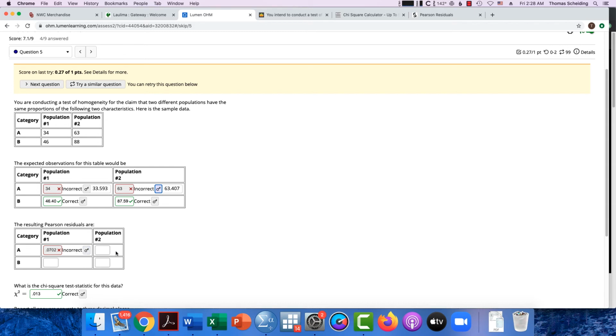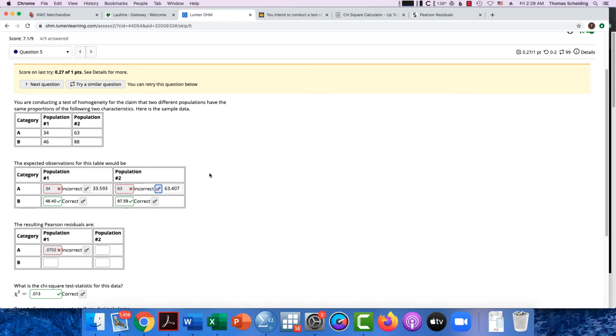I will give you credit for it. The Pearson residuals are pretty complicated. They're going to take you a while to calculate, and there's no calculators really online for you to calculate this. So you would have to do it all by hand. I want you to ignore it. I'll send out an email about this as well.